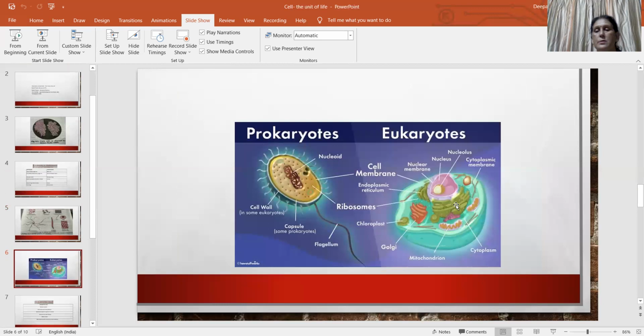Next, we are going to discuss prokaryotic cell and eukaryotic cell. So how are cells divided? Cells are divided on one of the most important bases, that is whether they contain an organized nucleus or not.